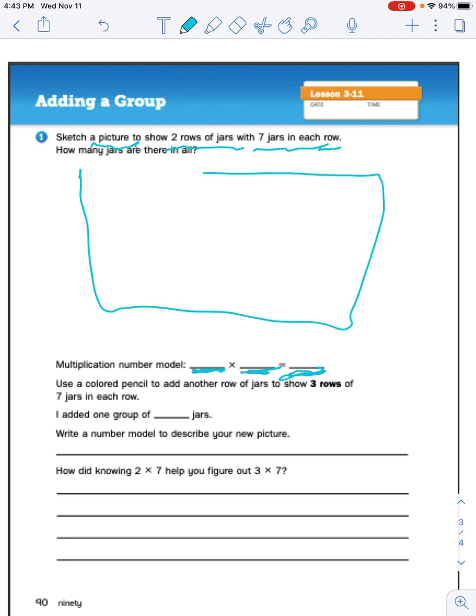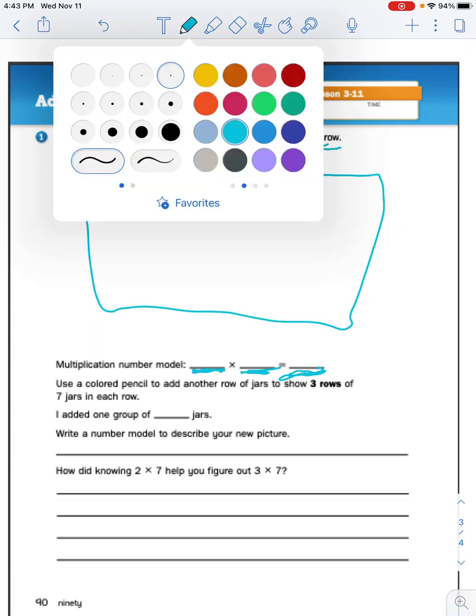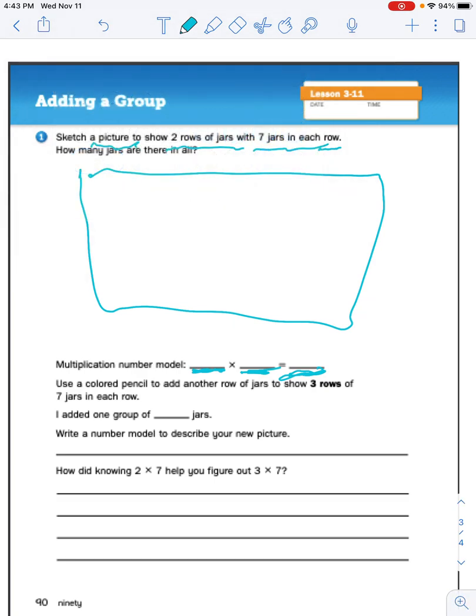Okay? I need to see a picture here. You will not get credit, or you will not get points if you do not draw a picture here that represents the problem. Okay? Second thing you need to do is answer the questions below. It says, use a colored pencil. Well, if you're not doing it in your math journal, just change your pen color up here to whatever you'd like.